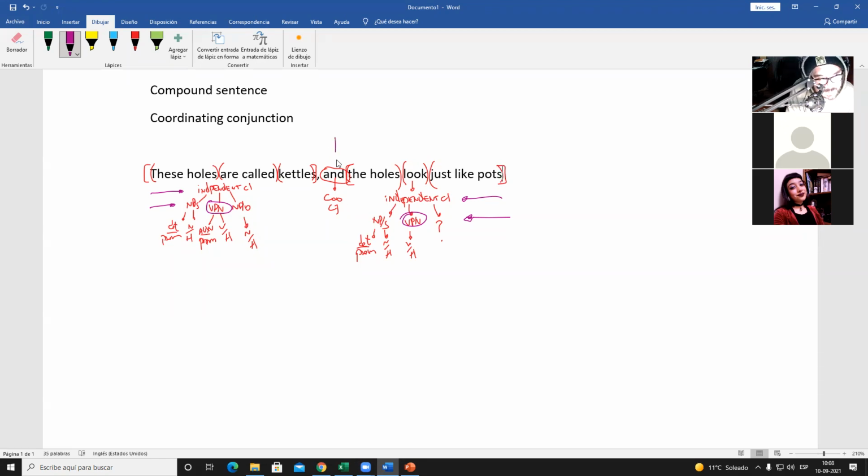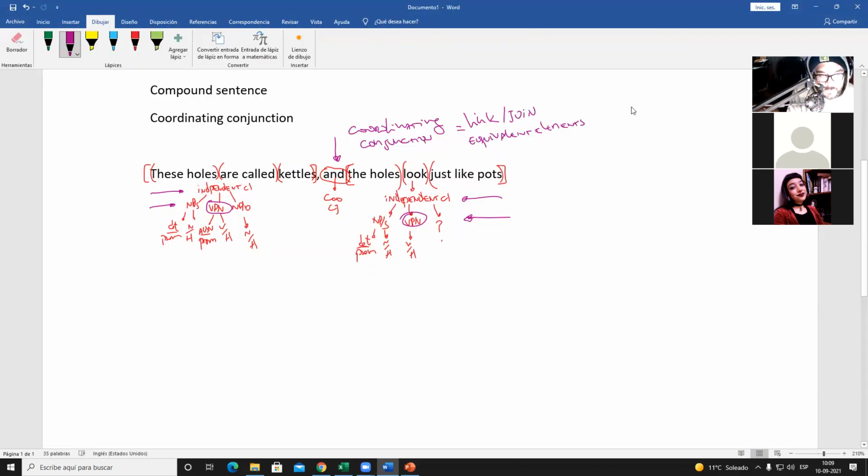And the other one is this: the coordinating conjunction is used to link or to join equivalent elements. That is to say, it links or joins independent clauses. Both of them must be the same. Both are independent clauses.